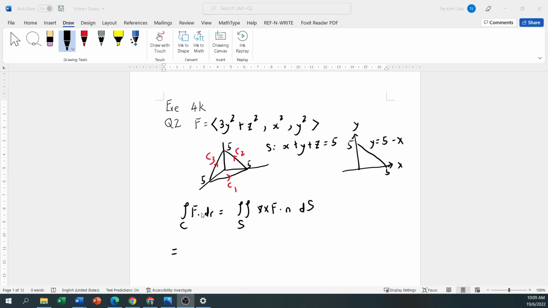The line integral F dot dr using Stokes' theorem becomes the double integral of curl of F dot n dS.